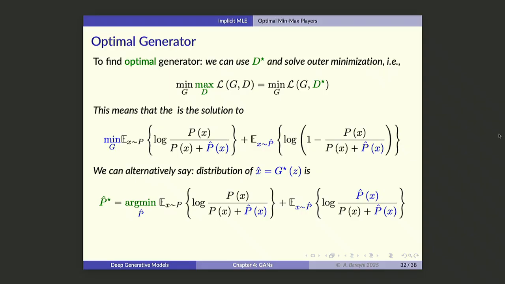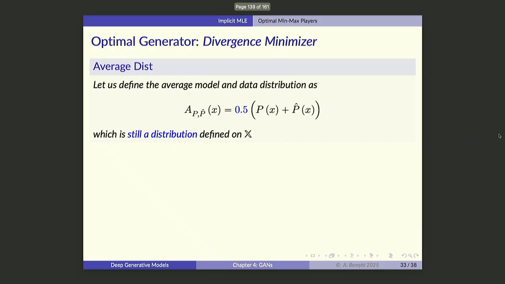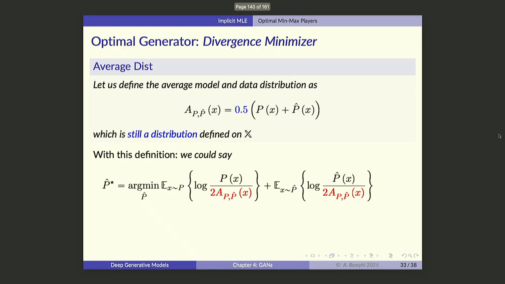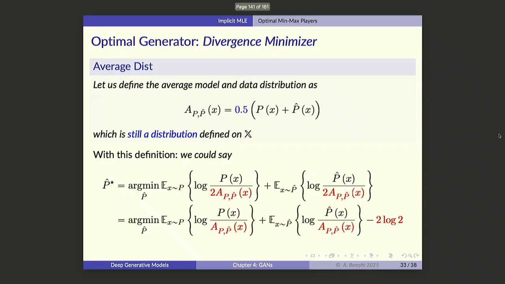Correct? So I can replace that average distribution in the expression that I found. It means that P hat a star is going to be the log of P over 2 times average distribution, plus the expectation over P hat of log P hat over 2 times average distribution, right? And I can take those 2s in the denominator out, so I can write it in this form.